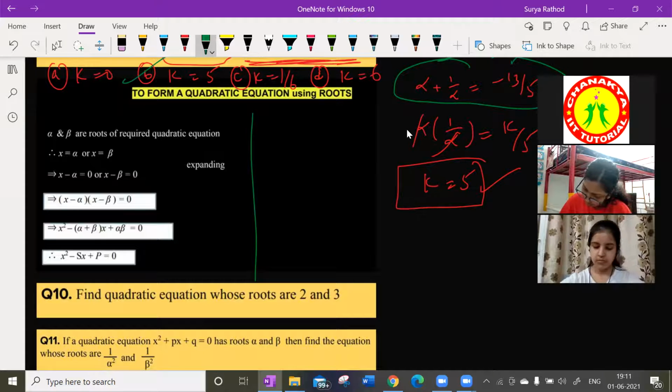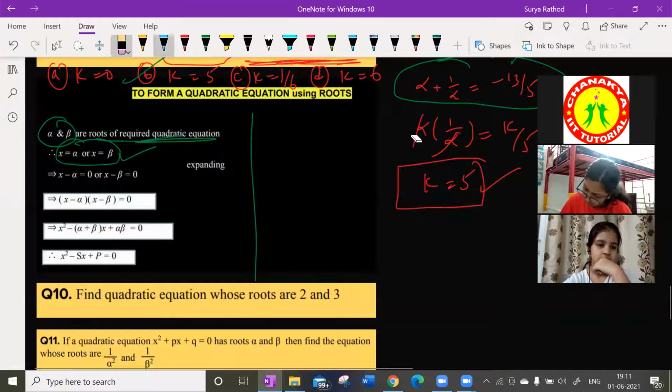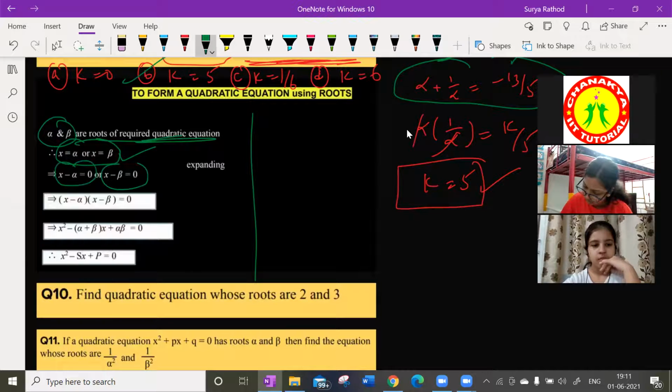Look at this here. Alpha and beta are the roots of the required quadratic equation. Therefore x is equal to alpha and x is equal to beta. So x minus alpha is equal to 0 and x minus beta is equal to 0.